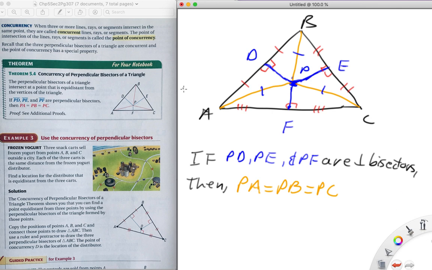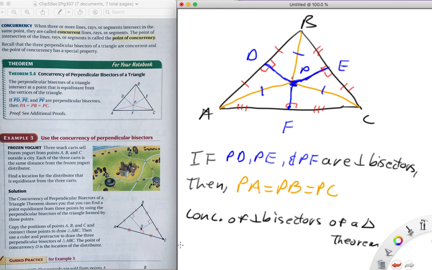And that's the long name of this theorem. So, concurrency of perpendicular bisectors of a triangle theorem. It's a long name, or theorem 5.4.